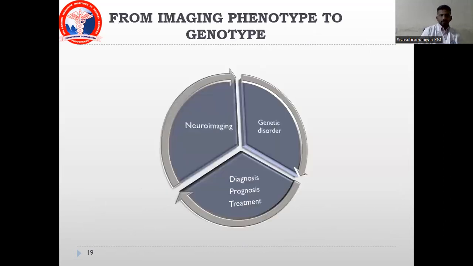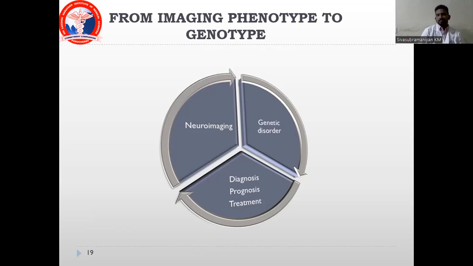So our idea of conceptualizing cerebellar anatomy and cerebellar morphometry is to gain a perspective of the possible genotype of the individual who has been affected, from the phenotype to the genotype. So we have neuroimaging that helps us, and then from neuroimaging you go to a genetic disorder.